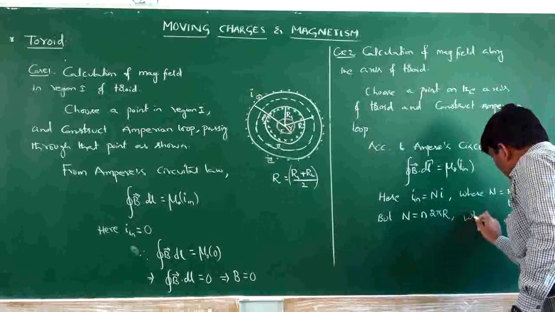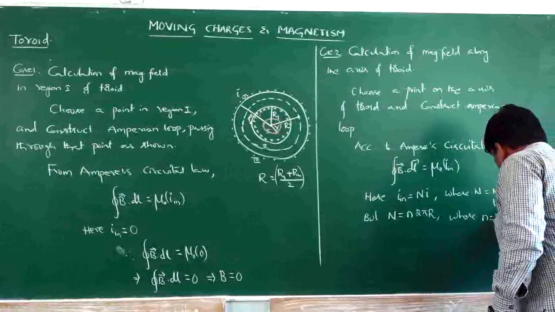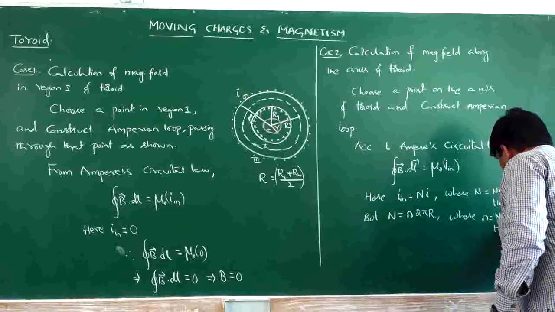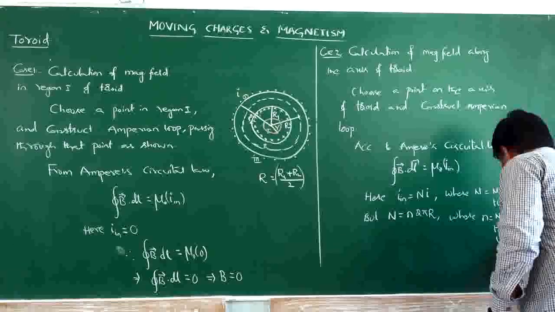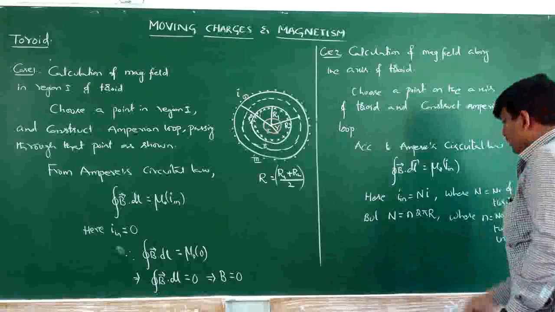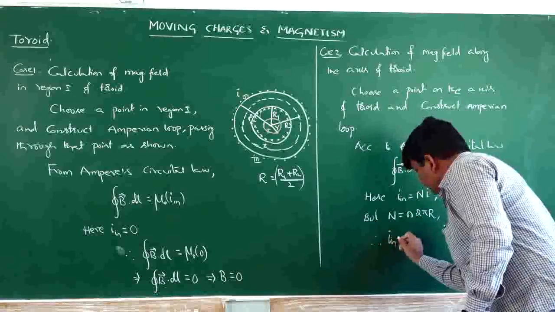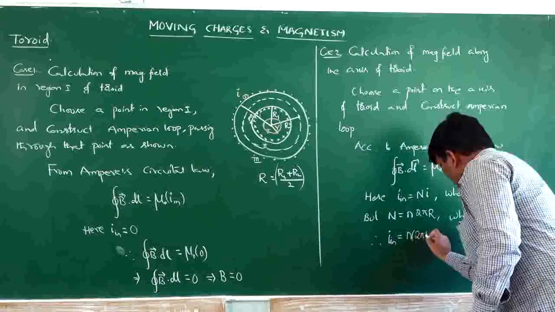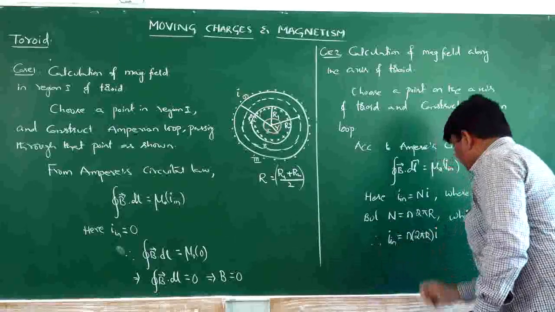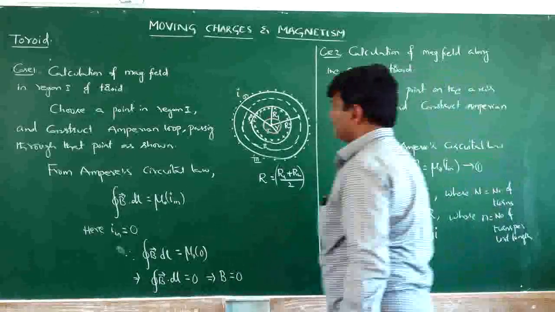Where small n is equal to the number of turns per unit length. So, using these two, current inside is equal to small n into 2 pi capital R into I. Is it clear?